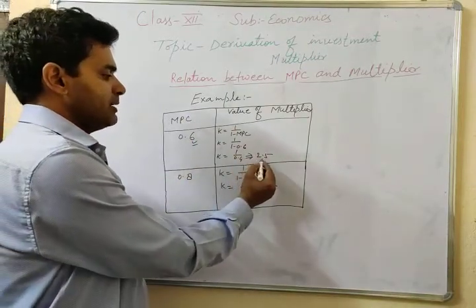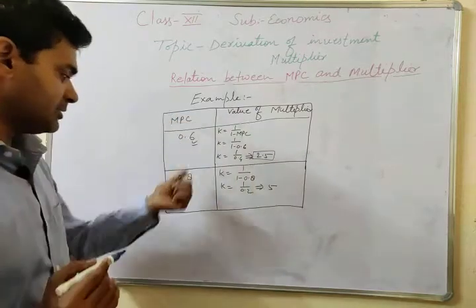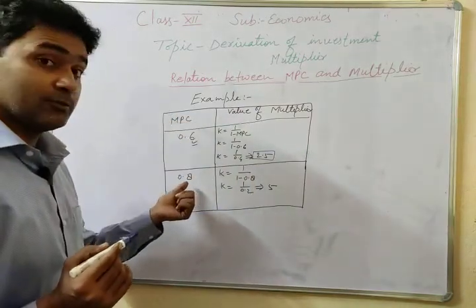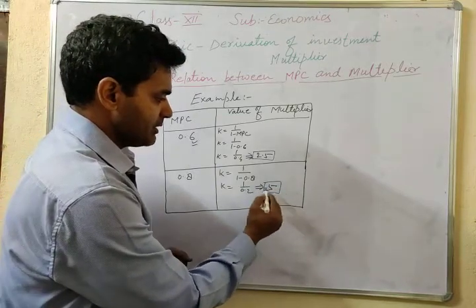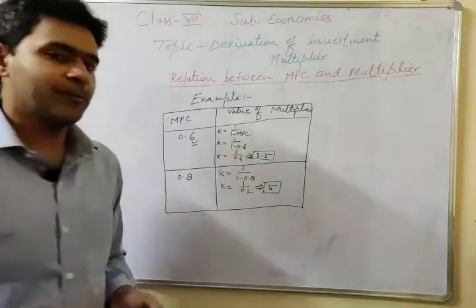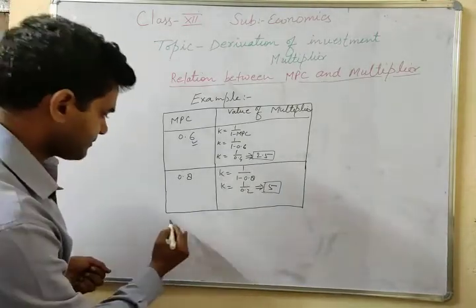So the value of multiplier was 2.5, and when it increases up to 0.8, the value of multiplier also increased and it became 5. So it has a positive relationship.